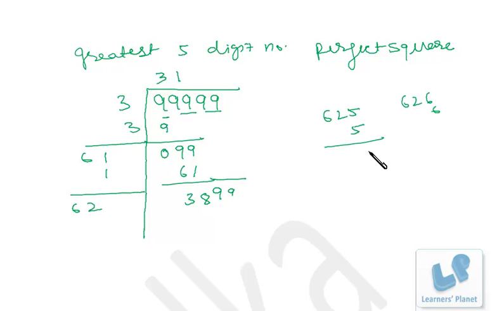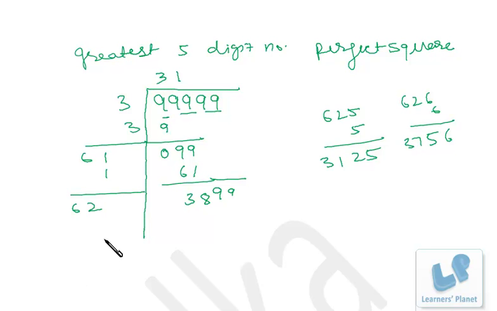Let's see. 5 5s are 25, 5 2s are 10, 2 12, 5 6s are 30 and 1. So it's 3125 and 626 into 6. 6 6s are 36, 6 2s are 12 and 3 15. 6 6s are 36 and 1 37.